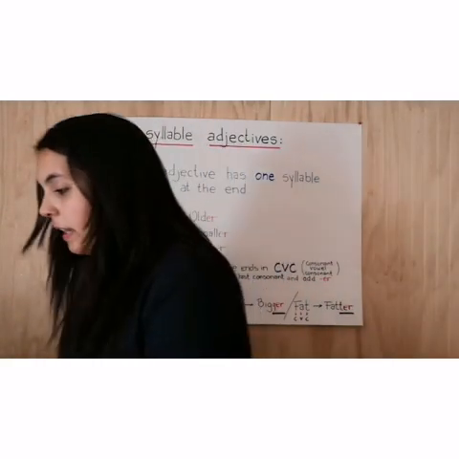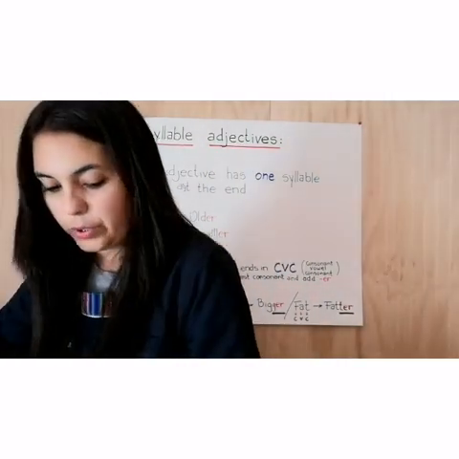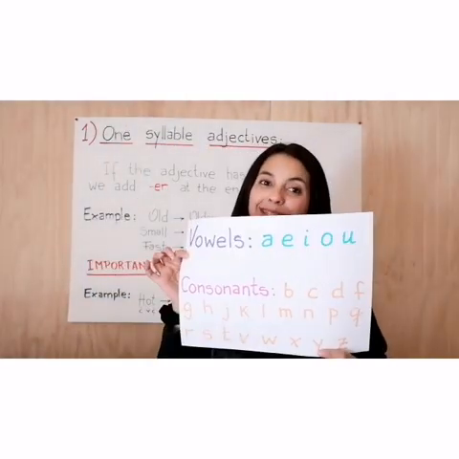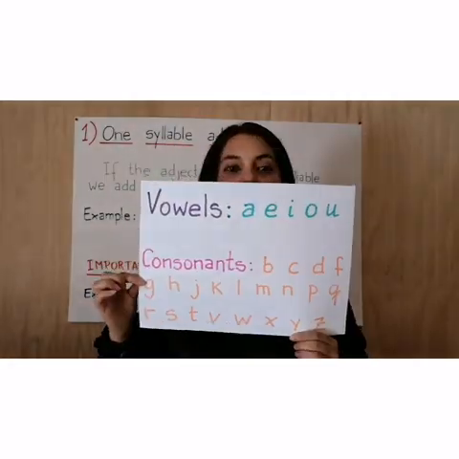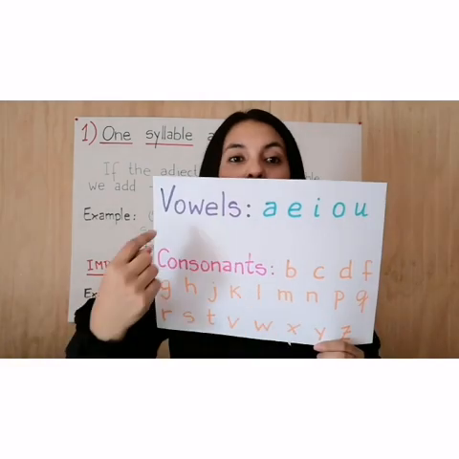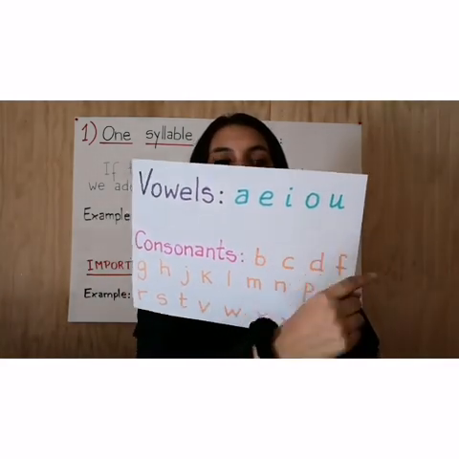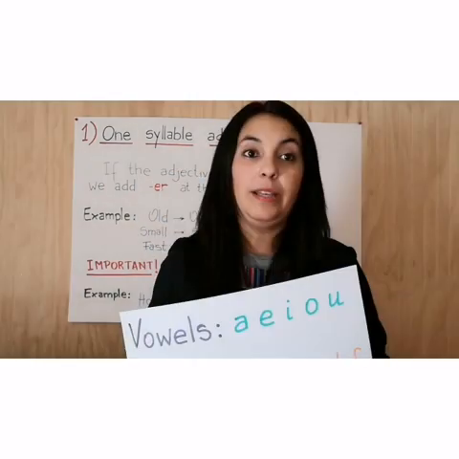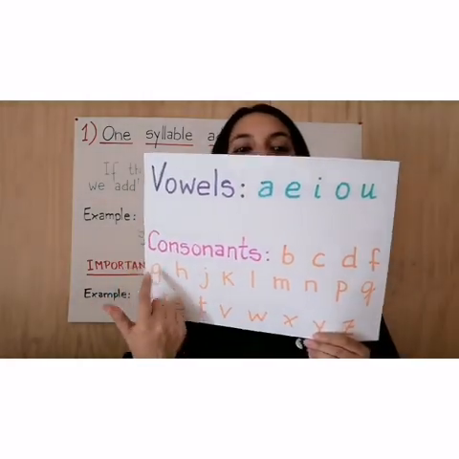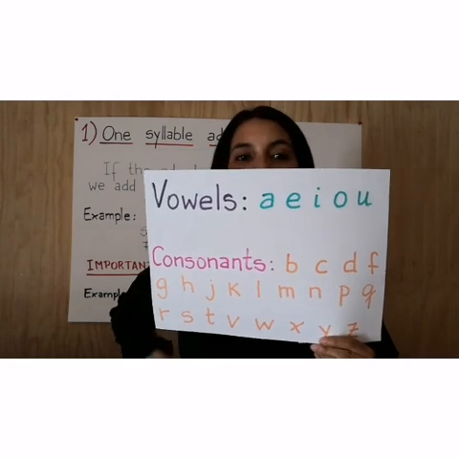If you have any doubts, I can show you this paper. So to remember, the vowels are A, E, I, O, U. And the consonants, the rest of the ABC.